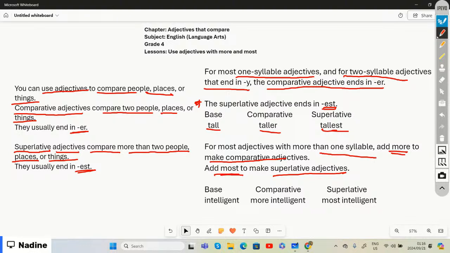So if we have an adjective with more than one syllable, we add more to the comparative and most to the superlative.